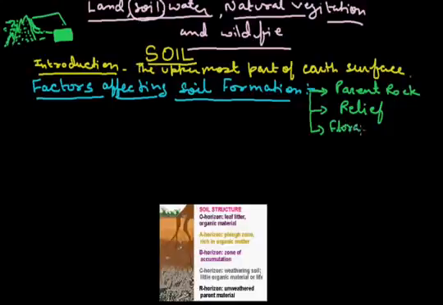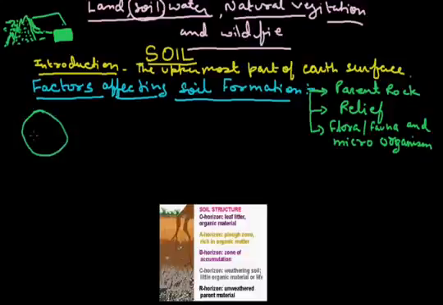Obviously, flora, fauna and microorganisms. Like we can take the example of the equator. These are regions where we will see heavy rainfall and high temperature.